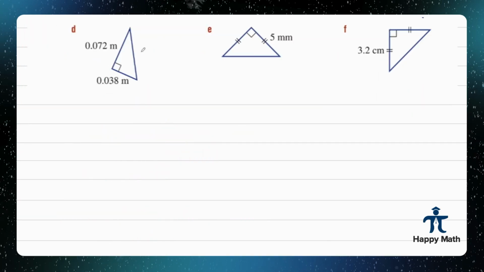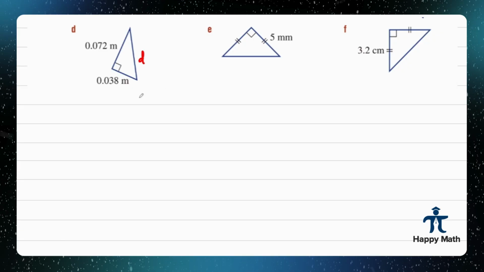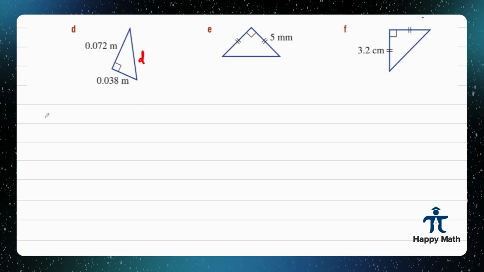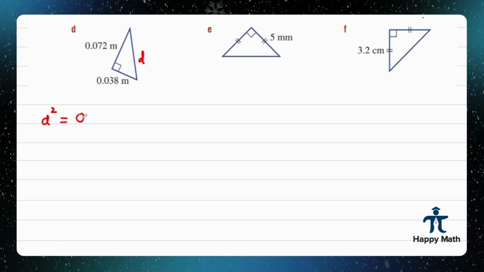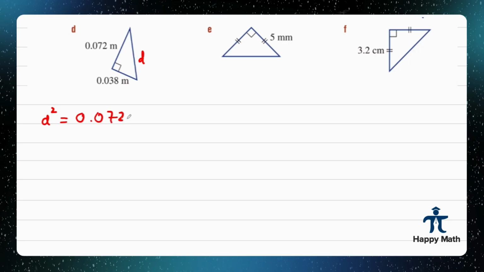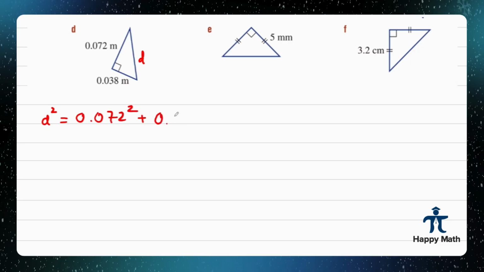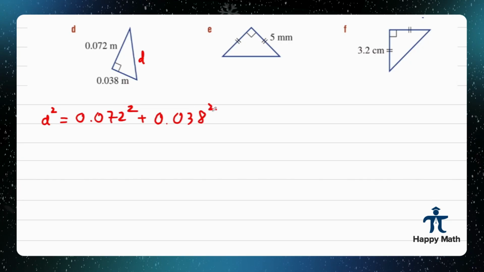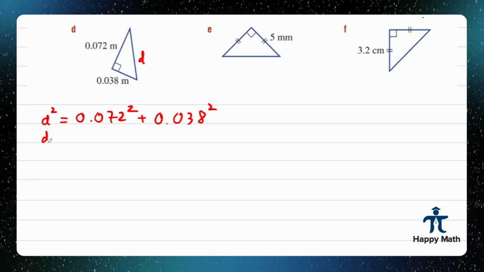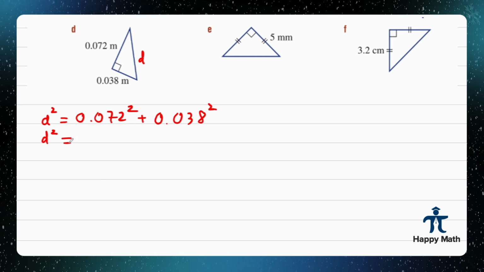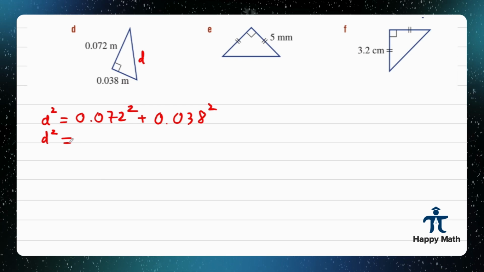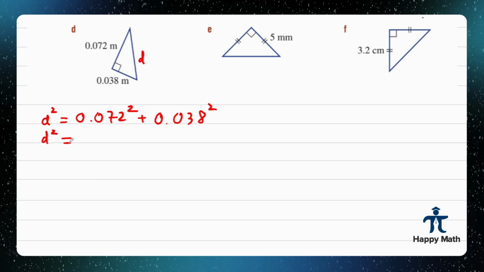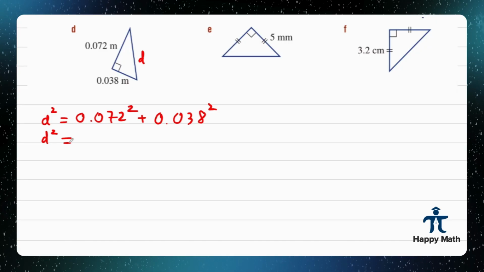Question D. The hypotenuse here will be D. And for D squared, 0.072 squared plus 0.038 squared.